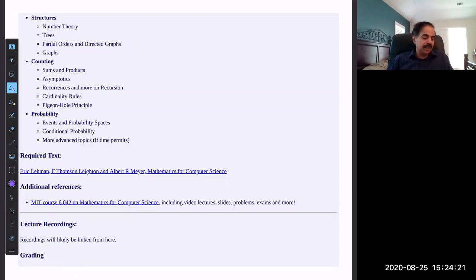The third unit is about counting, which involves how many ways are there to do something, and that feeds into how you calculate the runtime of various algorithms.